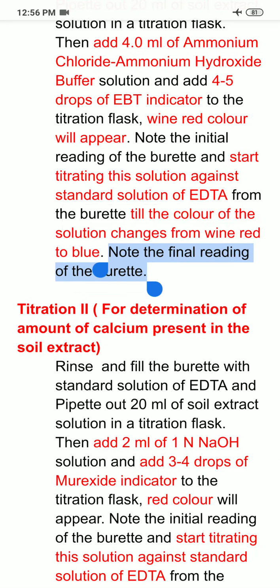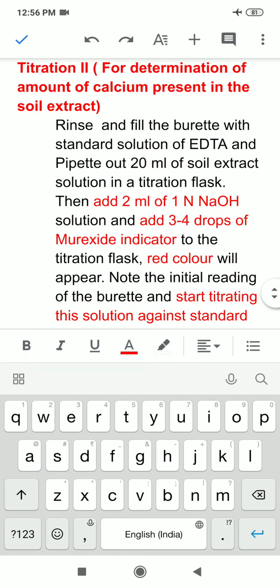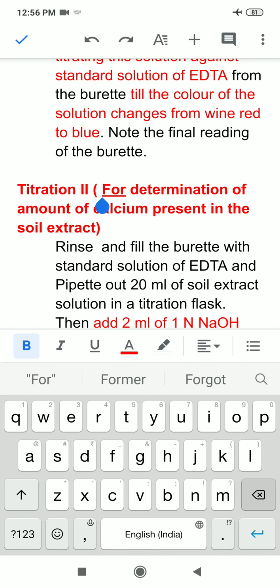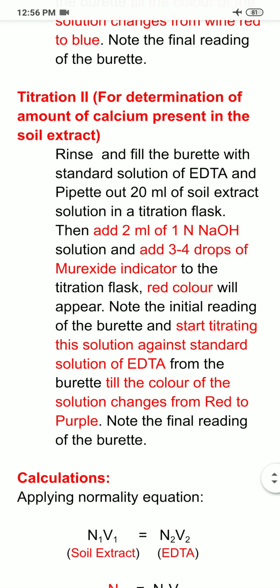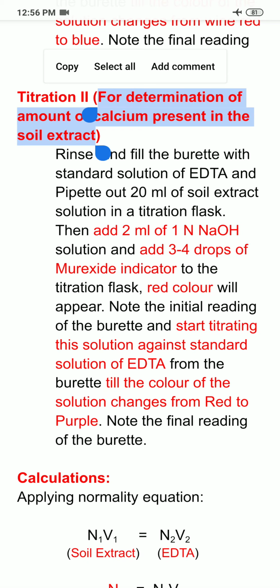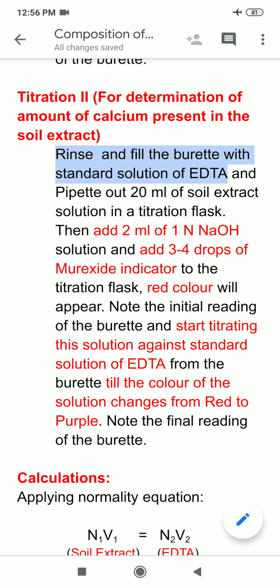Secondly, I am coming to the second titration, for the determination of the amount of calcium present in the soil extract. The procedure is the same, with only a little difference. We take the EDTA solution in the burette and pipette out a known volume of soil extract in a titration flask, say 20 ml.